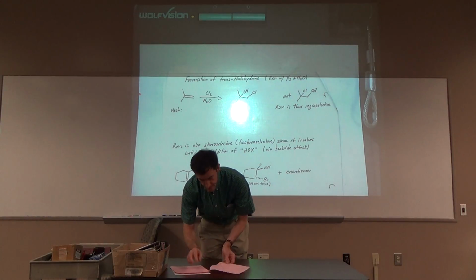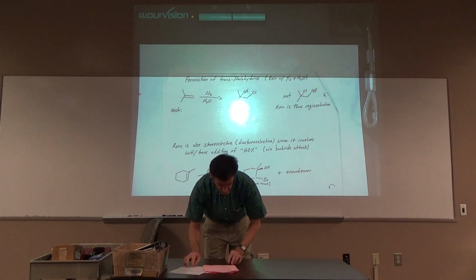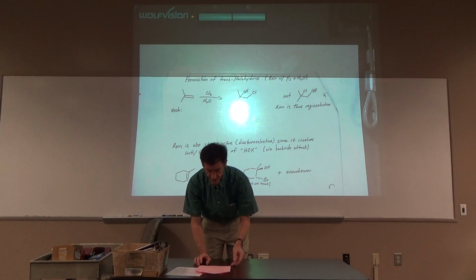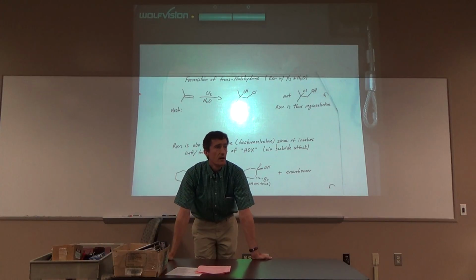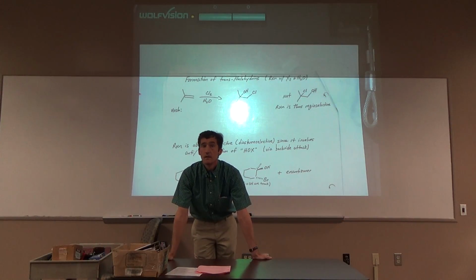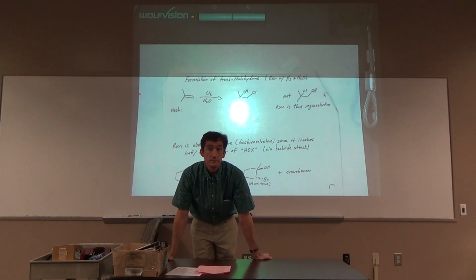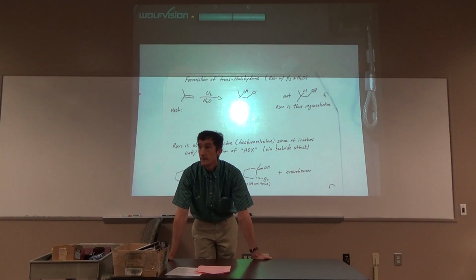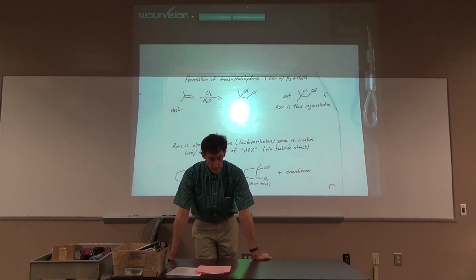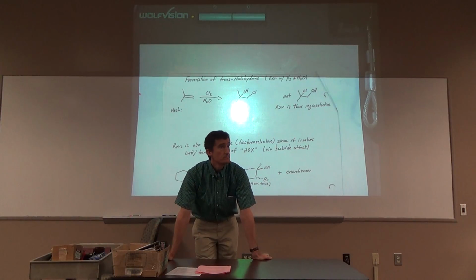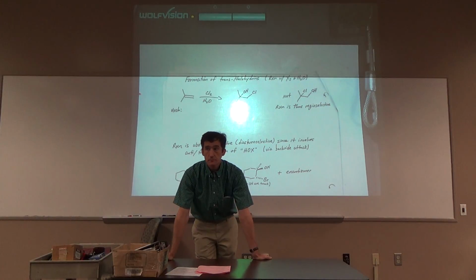Okay, next on the outline. By the way, what type of product does addition of halogen to an alkene give? What's the name of the product? It's more than just an alkyl halide because there are two halides. It's a dihalide. There's another term there, Roman numeral 1: vicinal.